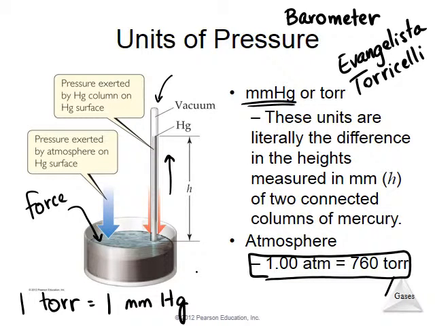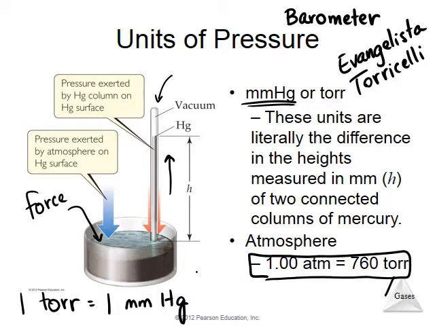The difference between the 760 millimeters of mercury and a water barometer is that it's going to take about 30 feet of water for that barometer to work in the equivalent way that the mercury barometer was. So that's why we use mercury, because it's so dense we don't have to use nearly as much of it.